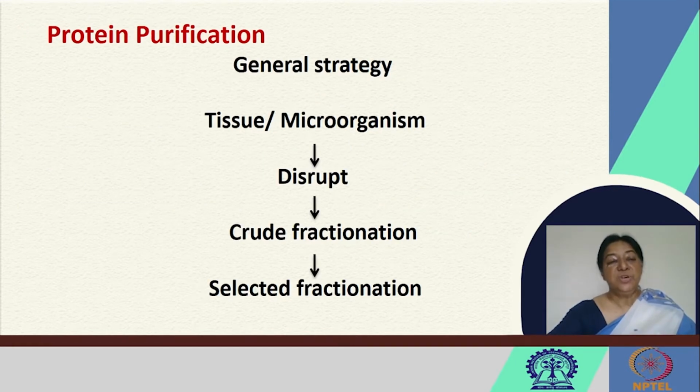But the general strategy for protein purification means we have a tissue or a microorganism. There is a disruption so that we get the smaller cell fractions from whereby we can isolate the macromolecule of choice. We go for a crude fractionation followed by selected fractionation to get our protein of interest.